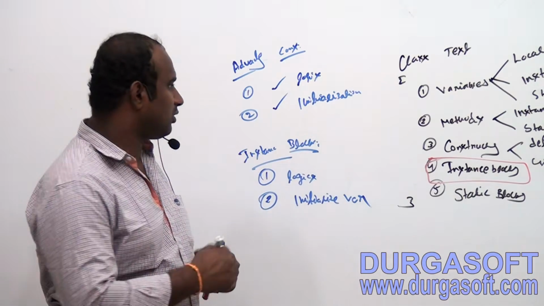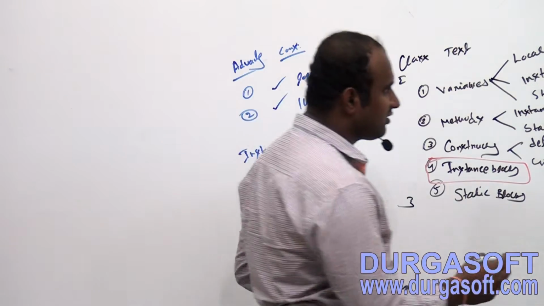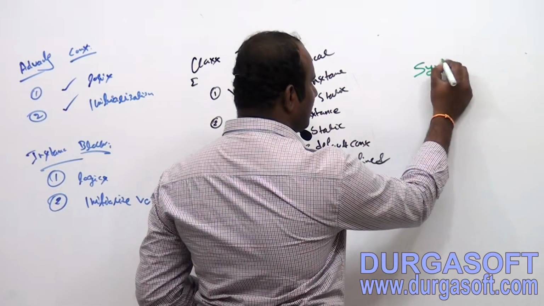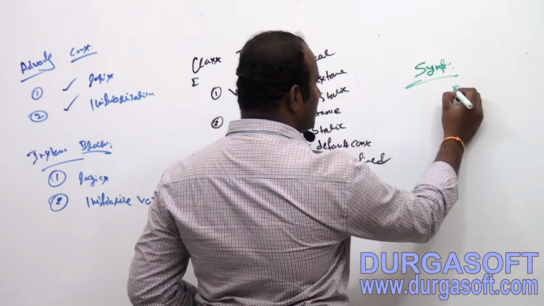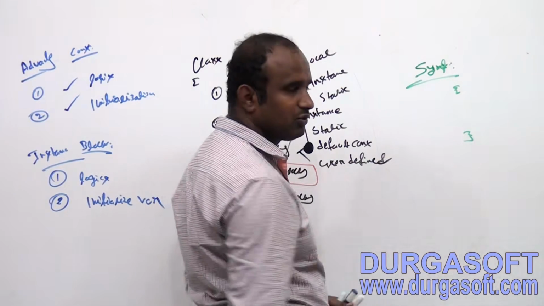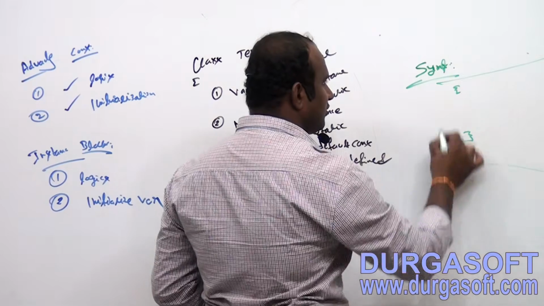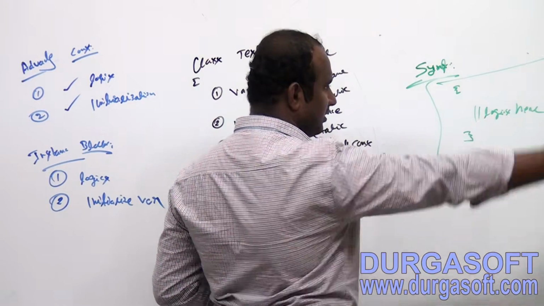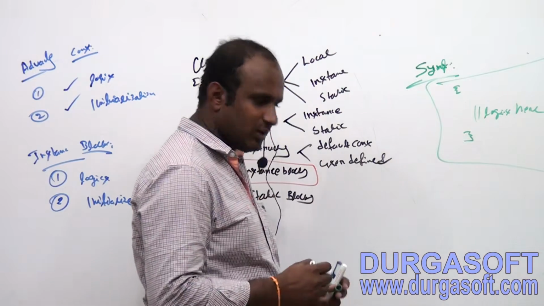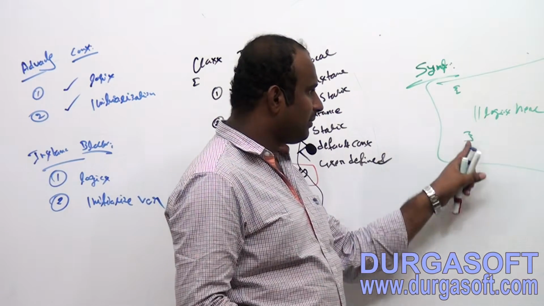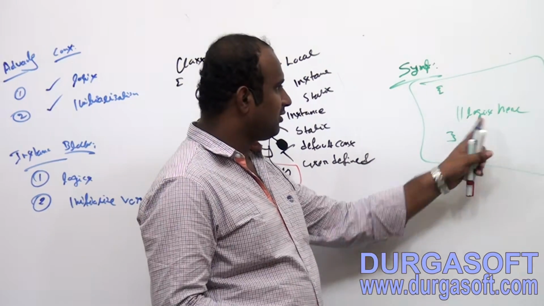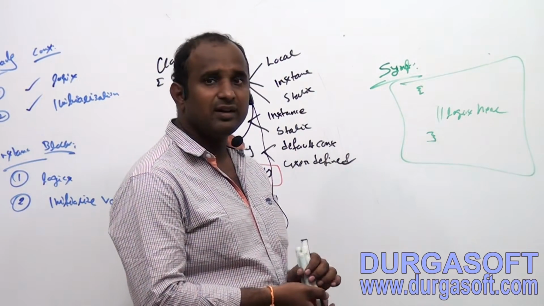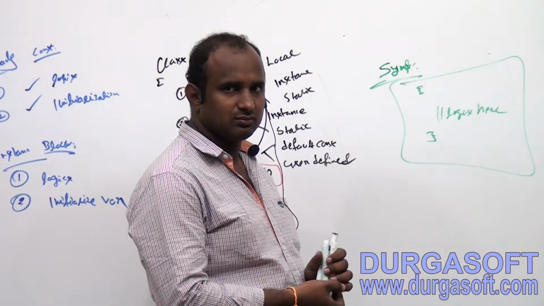Just open brace, closed brace, and write the logics inside. This is called an instance block.